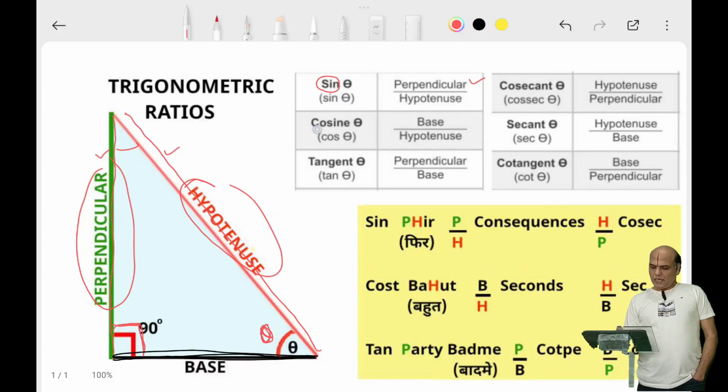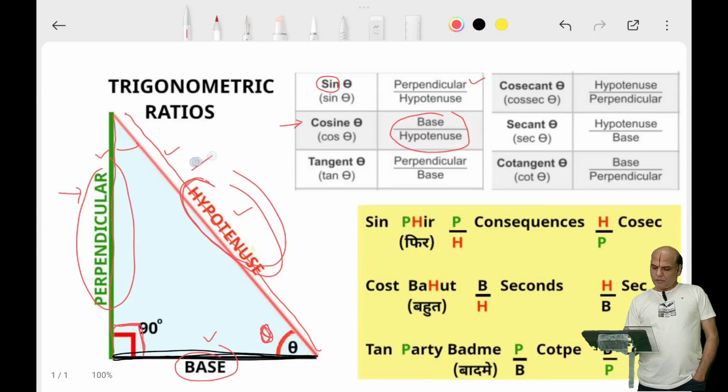Similarly, another ratio of base to hypotenuse is called cosine, and because the angle involved is theta, we call it cosine theta, and this is the ratio, base by hypotenuse.